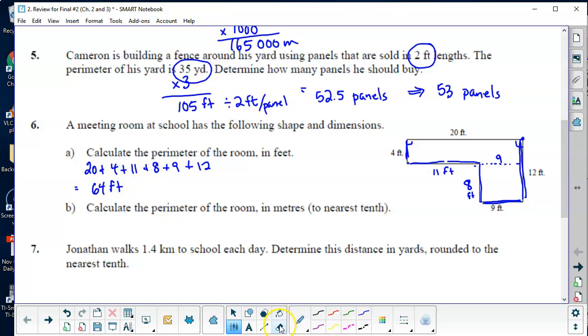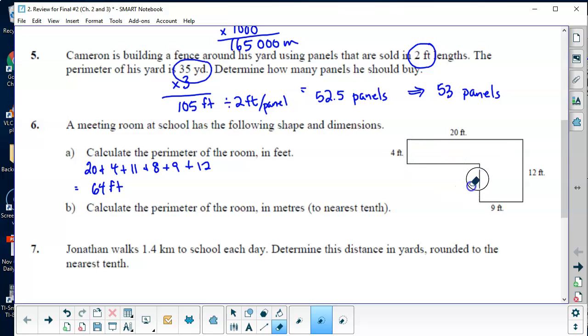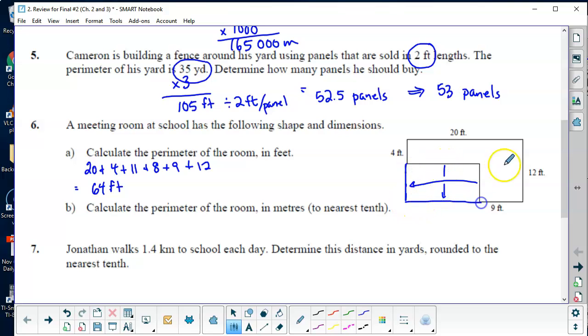Now, another way of thinking about it, I'm just going to erase these blue markings that I have, is that if we moved this side out here, it would be there. And if we move this here, we'd actually form a rectangle.